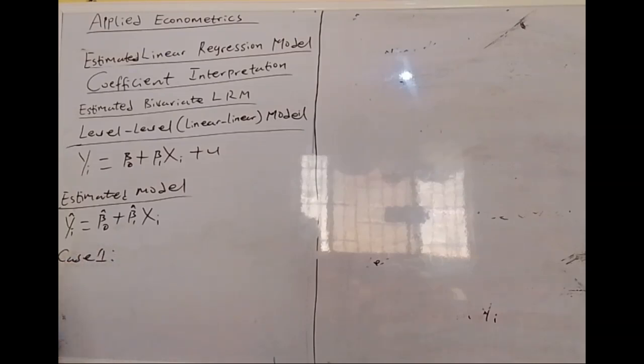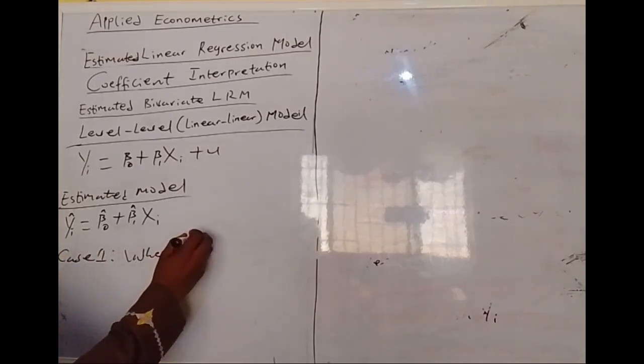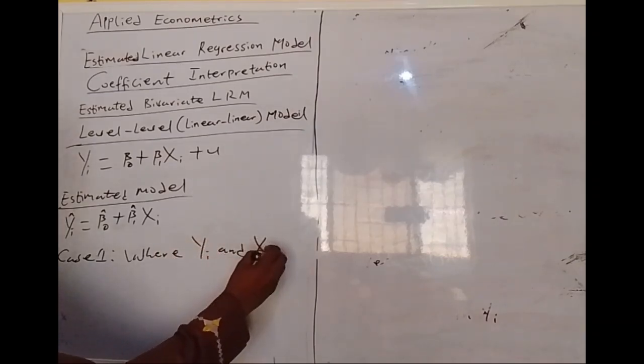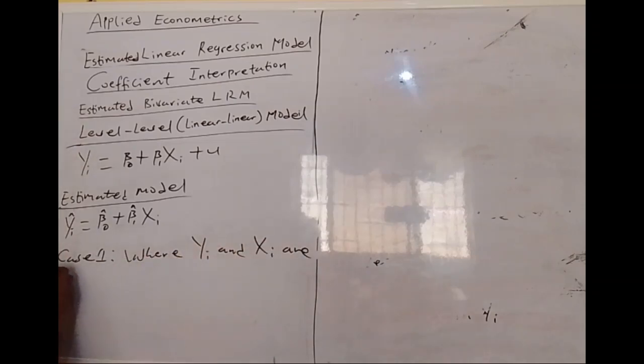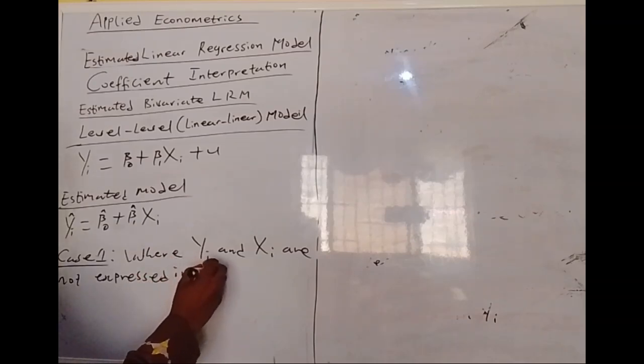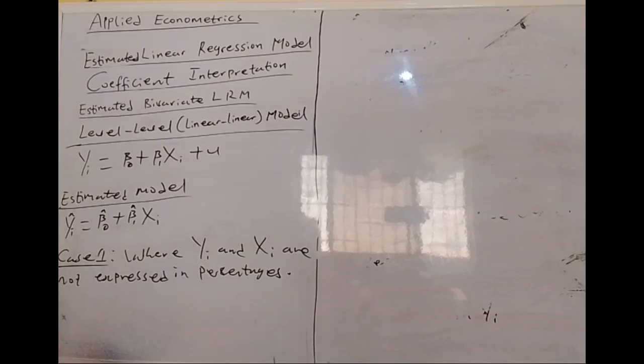Case one is where y i and x i are not expressed in percentages. They are in their original units. So how do we interpret?